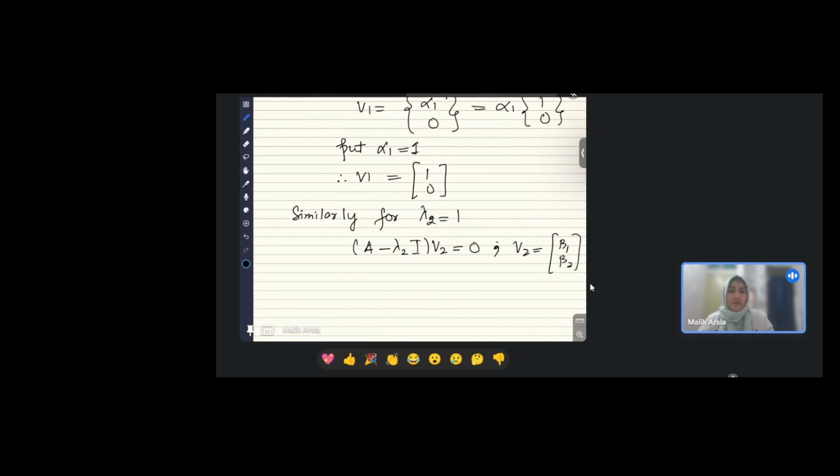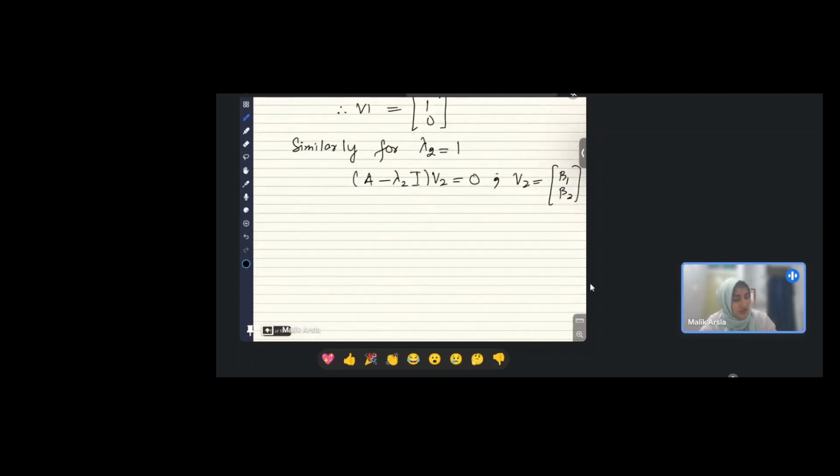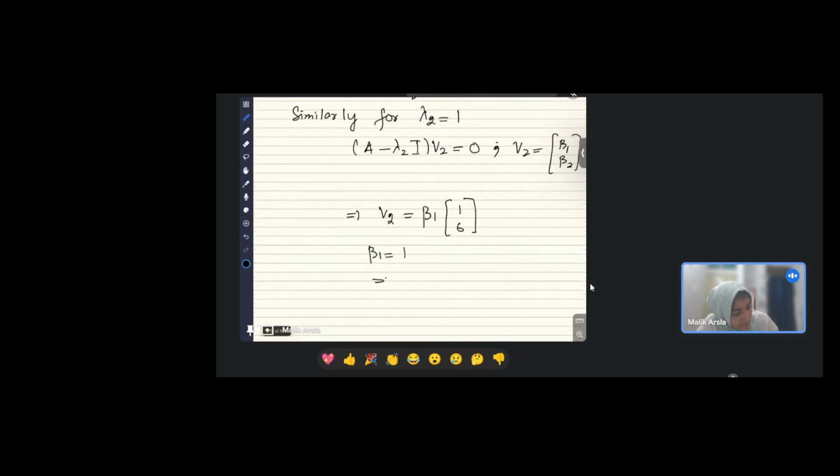Now it is the same procedure, and you have done this multiple times, so I will not do it here. We will ultimately reach V2 equal to beta 1 into [1, 6], and here I choose beta 1 equal to 1. You can take any other number as well, and it gives V2 as [1, 6]. Understood till here?